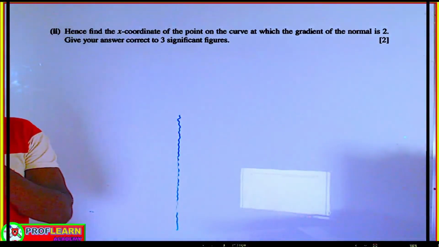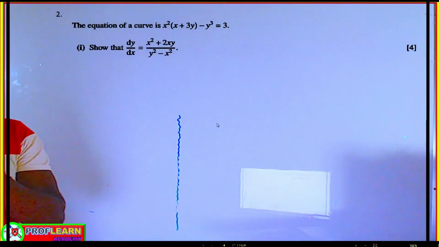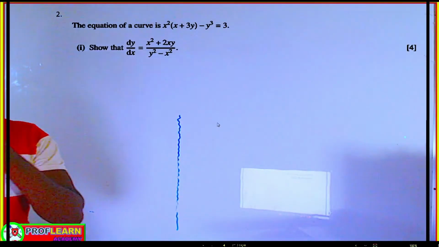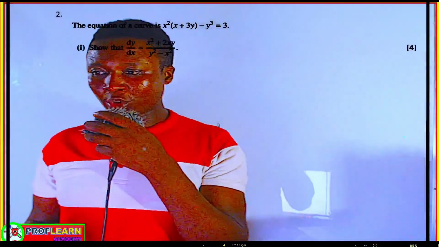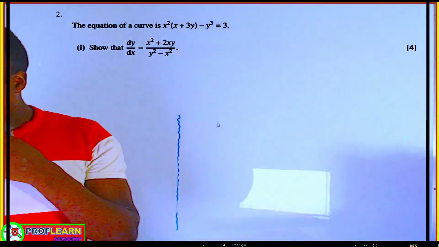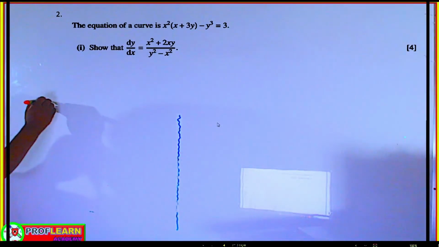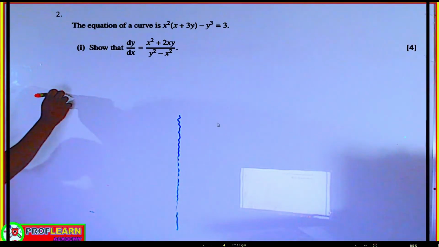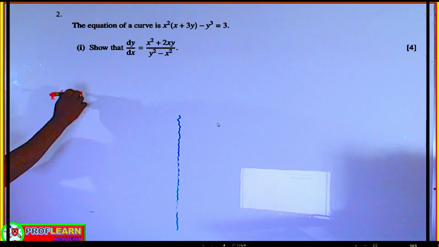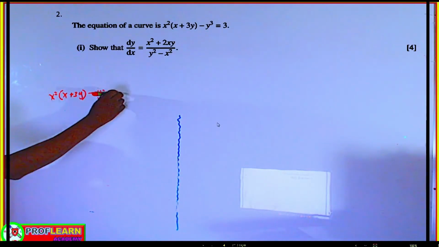Now let us go straight to the second question that we are going to focus on. This is a question where you are going to use implicit differentiation. We are going to start by writing the equation the way it was given: x squared into bracket x plus 3y, minus y cubed, is equal to 3.